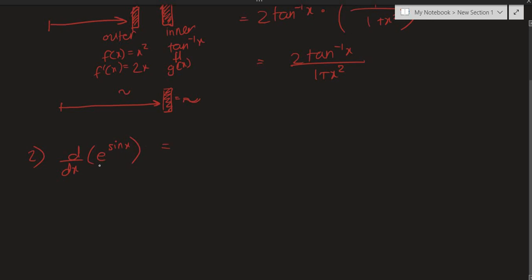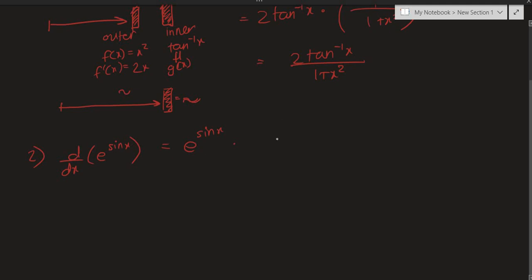So you differentiate the external function, keeping the inner, you basically break the outer wall, keeping the inner wall intact. So the derivative of e raised to x is just e raised to x, but since we're keeping the inner function intact, instead of x, we write the inner function, the sine of x, times, now you break the inner wall.